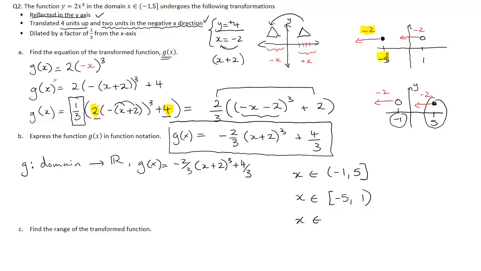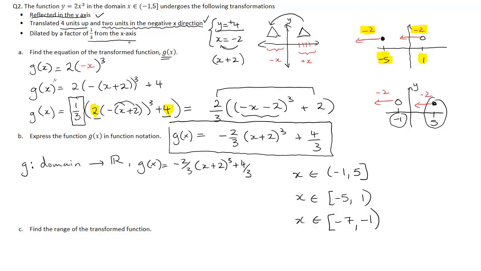If you take the negative 5 and you subtract 2, you get negative 7. And if you take the 1 and you subtract 2, you get negative 1. So the new domain will become negative 7 and 1 take away 2, which is negative 1. And you still keep an open circle there. And finally, we have a dilation by a factor of a third from the x-axis.